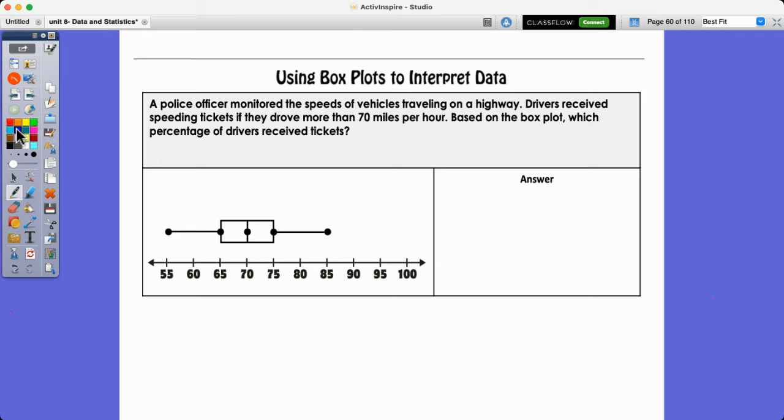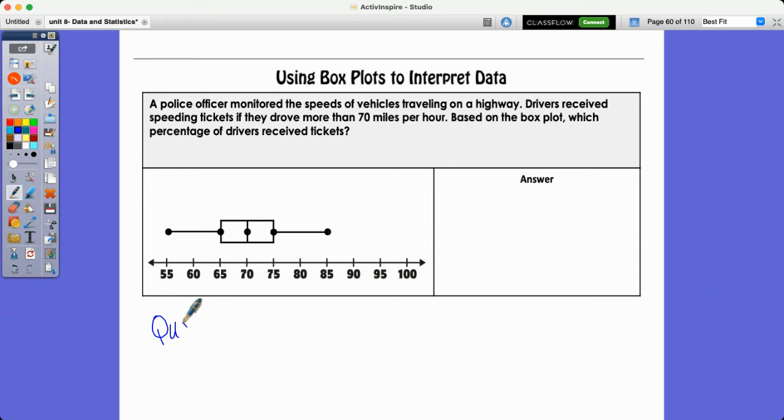It says, a police officer monitored the speeds of vehicles traveling on a highway. Drivers received speeding tickets if they drove more than 70 miles per hour. Based on the box plot, which percentage of drivers received tickets? So there are some basic things we need to go over. Remember how we say that these are in quartiles?